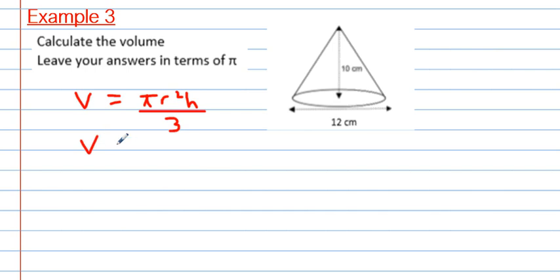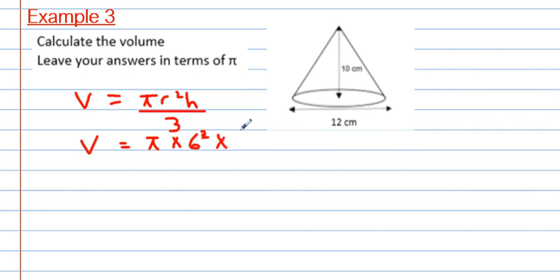So my V will be, you're using pi on the calculator. Here, the diameter is 12 centimeters, and we need the radius. So my radius will be 6 centimeters. That's a common error question. So make sure you watch out for what you are given in the exam, okay? Don't use the diameter instead of the radius.